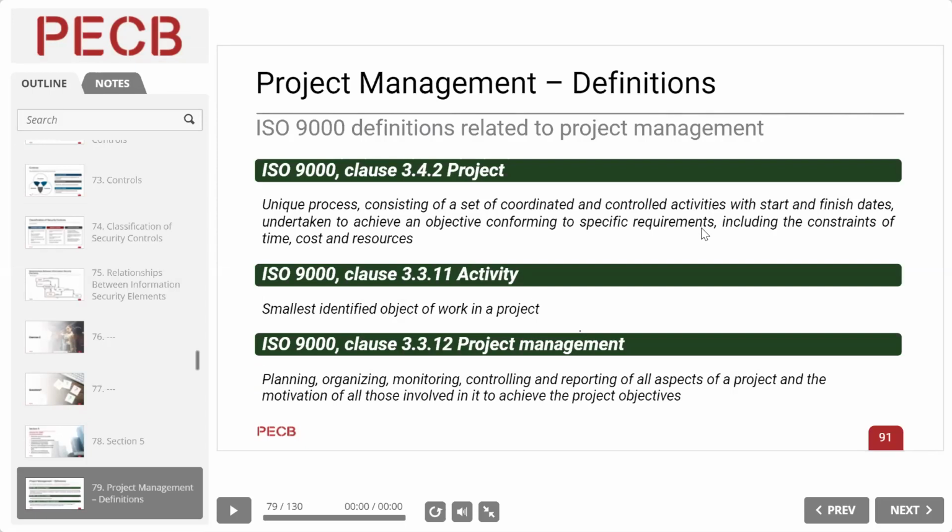There are also some requirements from an ISO 9000 perspective that we can adopt and use in implementing the ISMS 27001.